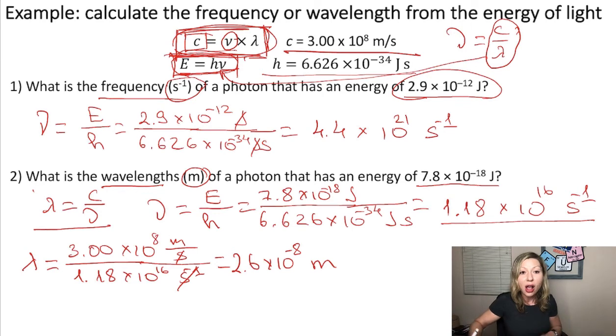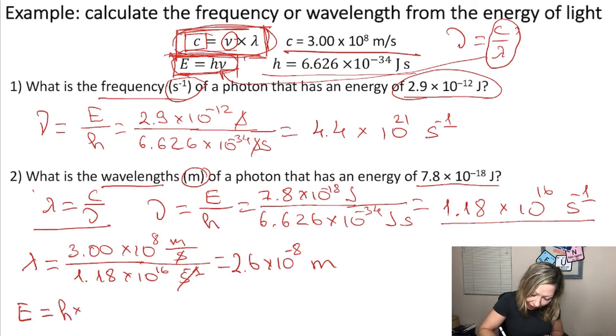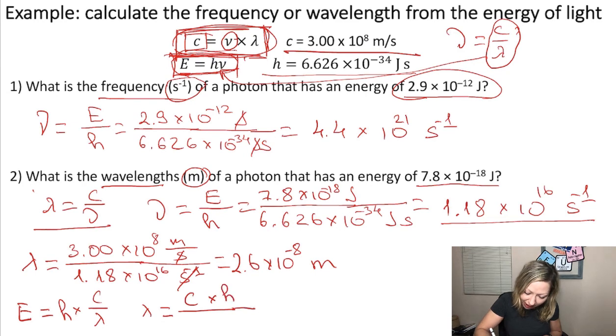So overall, what I'm going to get is that the energy equals Planck's constant multiplied by the speed of light divided by the wavelength. And from here, I can solve for the wavelength. So from here, the wavelength equals the speed of light multiplied by Planck's constant and divided by the energy.